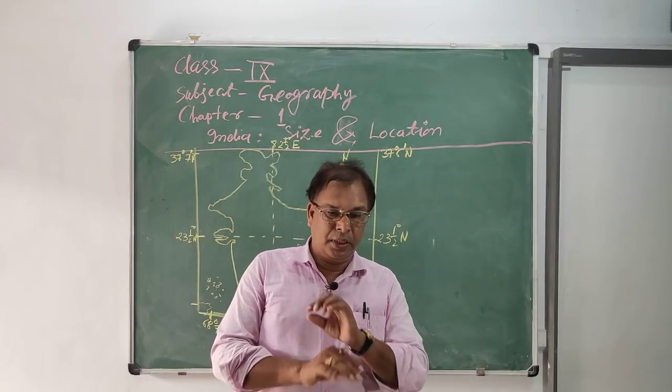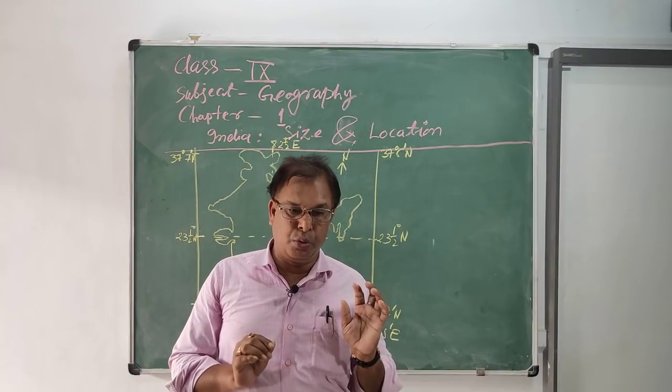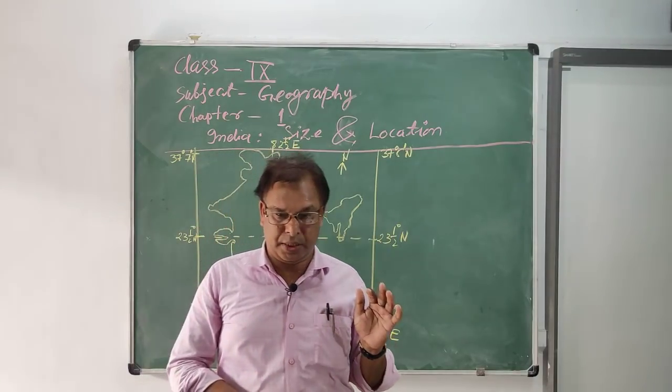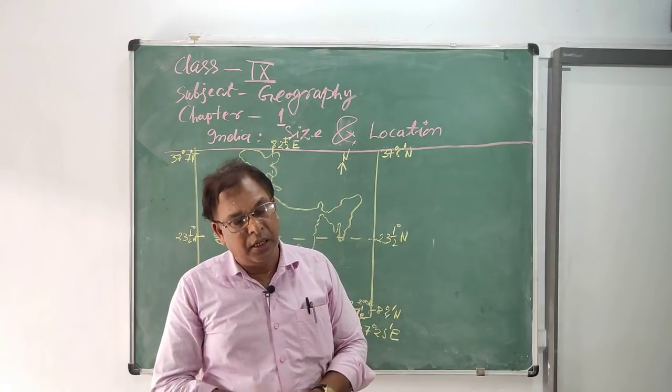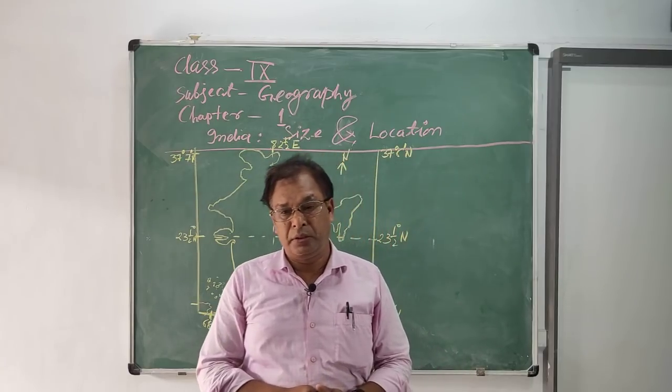The equator is the imaginary line showing 0 degree latitude, and it divides the world into two equal parts. The northern part is known as the northern hemisphere, and the southern part is called the southern hemisphere.